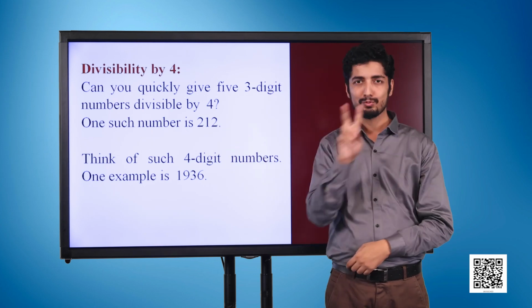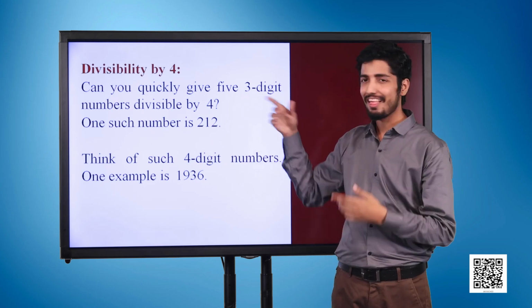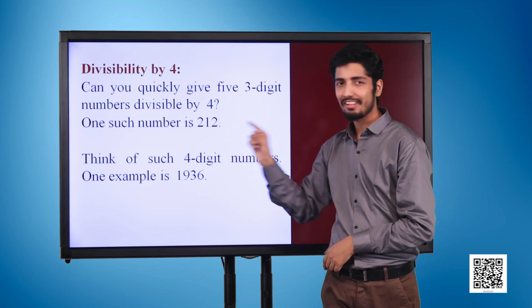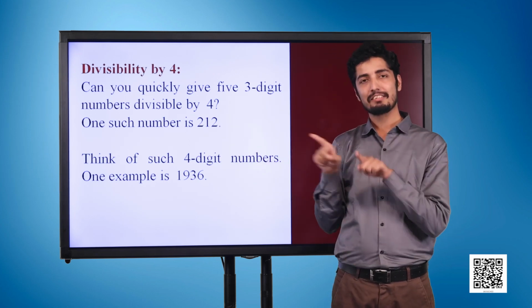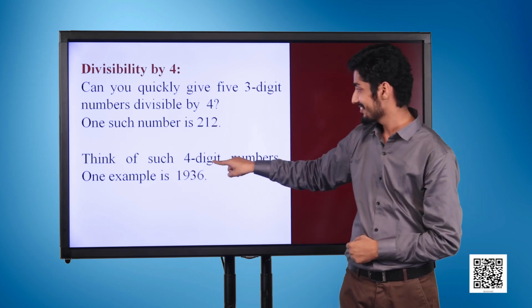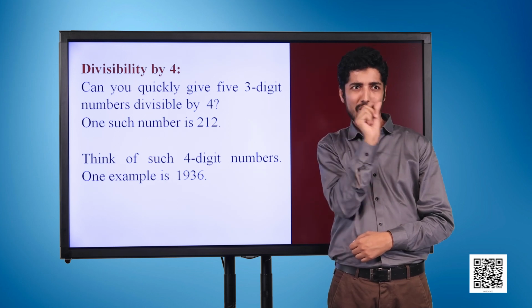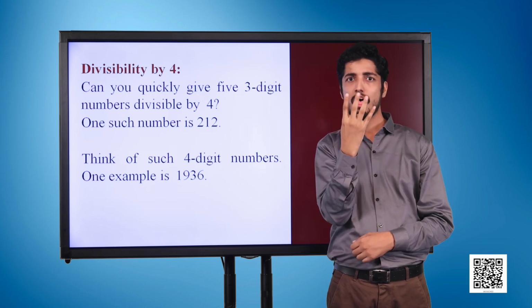One such number is 212. Think of such four-digit numbers. One example is 1936.